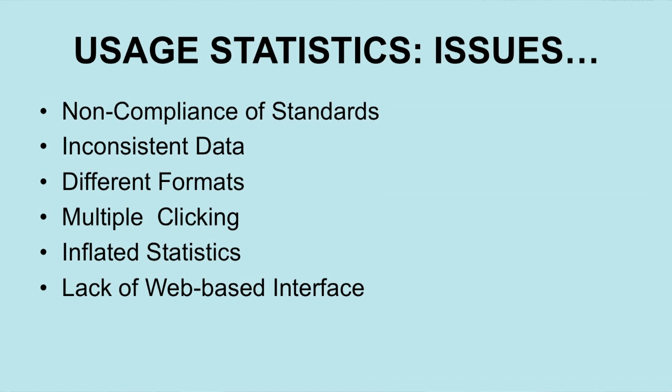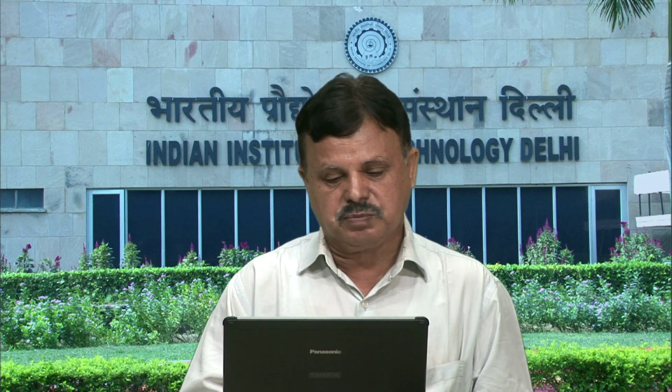What kind of reports and usage statistics are being generated has also to be properly seen, like inconsistency of data, different formats, multiple clicking, inflated statistics. For example, if there is multiple clicking, then what kind of data is being generated?